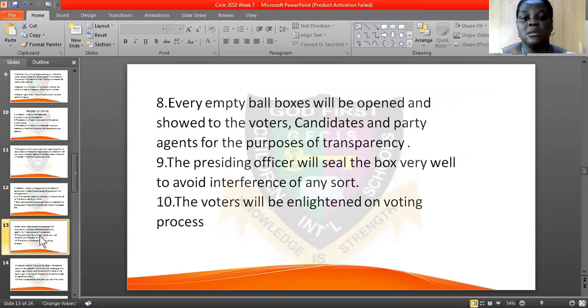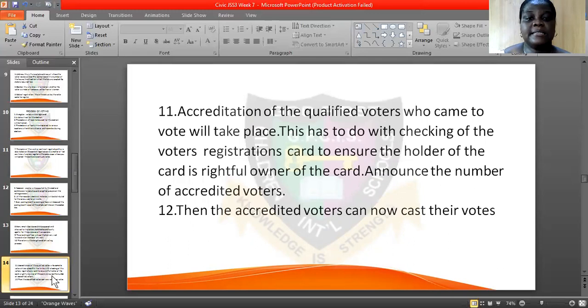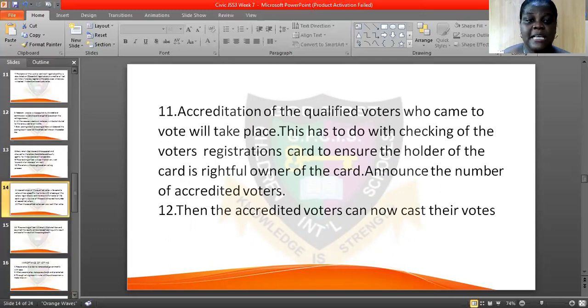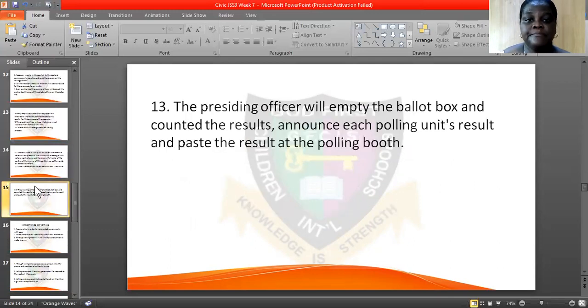Then they would seal it to avoid interference, and the voters will be enlightened for the voting process, and accreditation will be done. Then people can now cast their votes when the accreditation has been done fully. And the presiding officer will count the ballot papers, announce the voting results, and paste them at the polling booth.